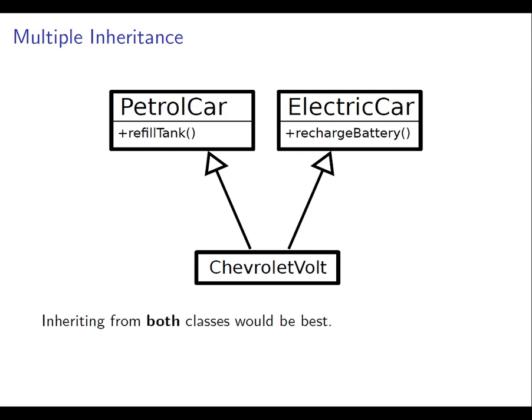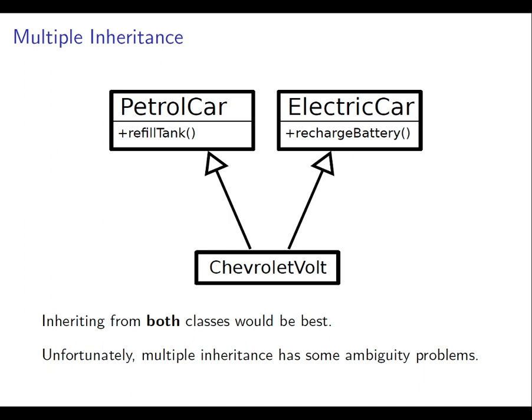Well, you might think it would be sensible, wouldn't it, to have our Chevrolet Volt car class inherit from both petrol car and electric car, and thereby inherit both of the relevant methods, refill tank and recharge battery. And that's a decent idea, but unfortunately, as was found through long experience in C++, multiple inheritance, having one class that inherits from multiple superclasses, gives you some painful problems.